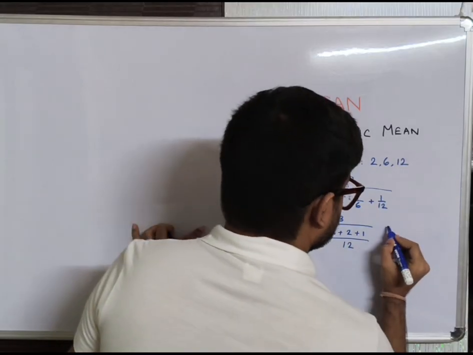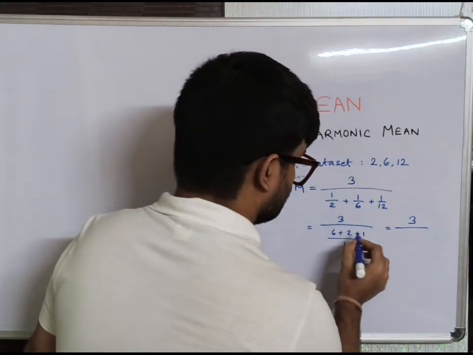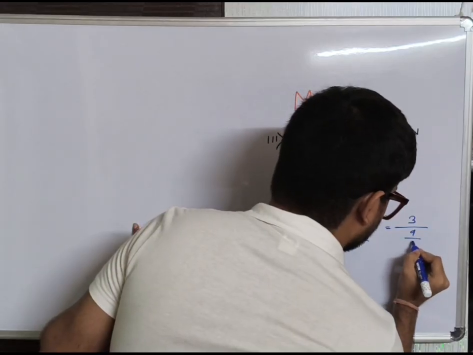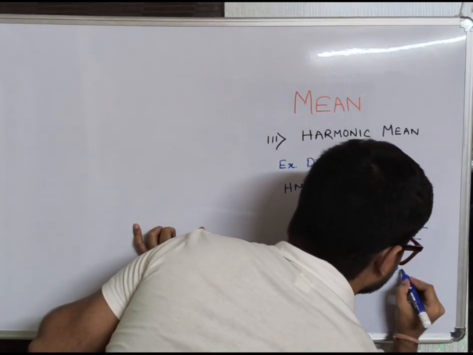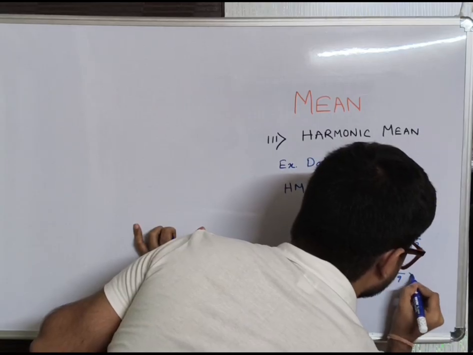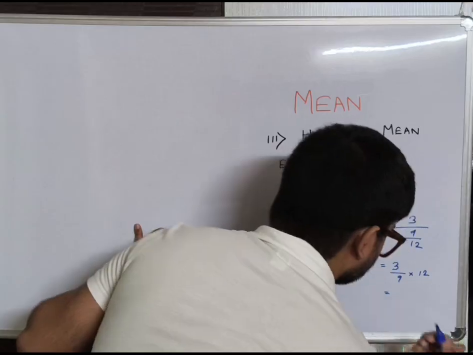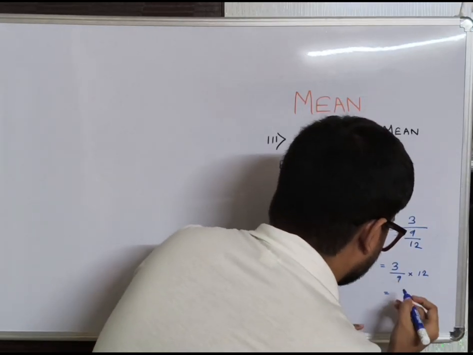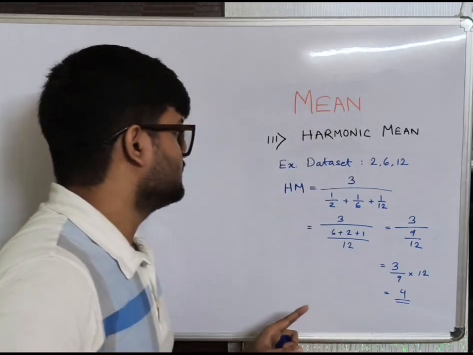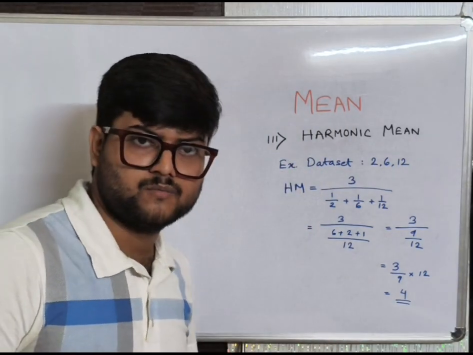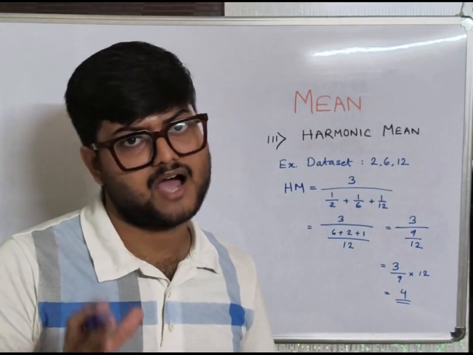So this becomes 3 divided by (6 plus 2 plus 1 is 9) over 12. So that is 3 times 12 divided by 9. If we make the calculations, it would be 4. So again, the harmonic mean is 4. So that is the understanding of arithmetic mean, geometric mean and harmonic mean.